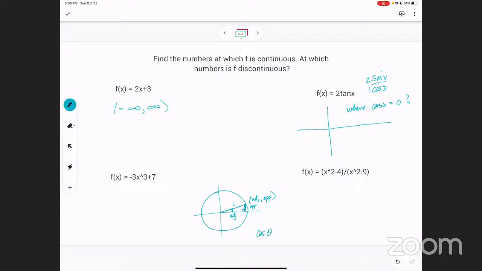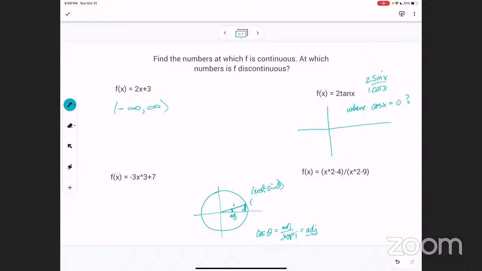The cosine of an angle is equal to the adjacent over the hypotenuse. And if the hypotenuse is 1, then your cosine is just your adjacent. So this is your cosine, and this is your sine of that angle. Your unit circle is a big old cheat sheet, and it shows you all of your sines and cosines.